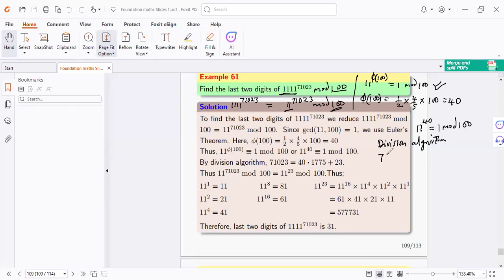So the number 71,023 will be the same as 40 goes there 1,775 times. 1,775 times 40 is 71,000, and the remainder is 23. The remainder is what is very important from the way we began the class.